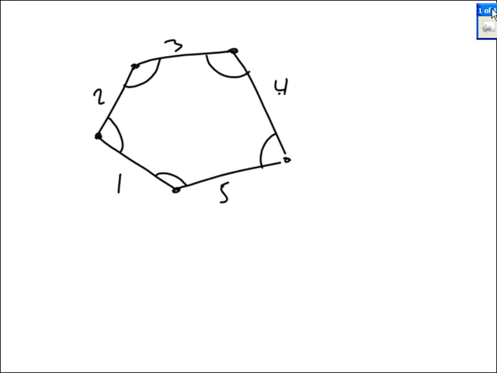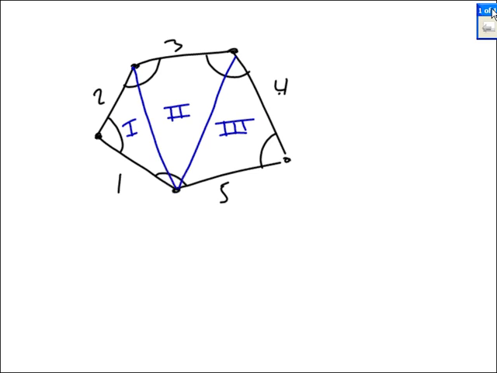A nice way to do this is to partition the figure into triangles. And the way you partition it is not unique. Somebody in your class might partition it differently, but nonetheless, everyone's going to get the same number of triangles in a 5-sided figure. You get 3 triangles.